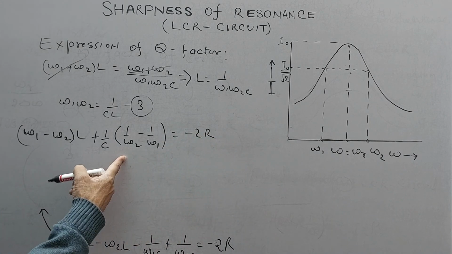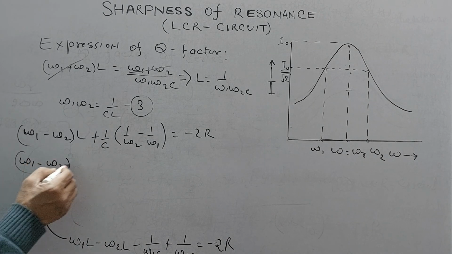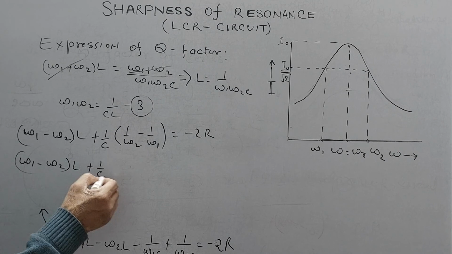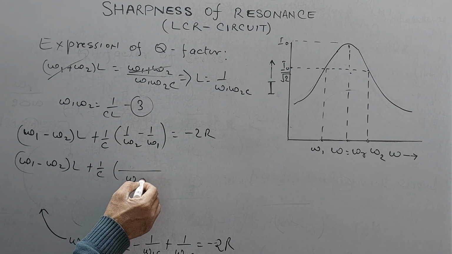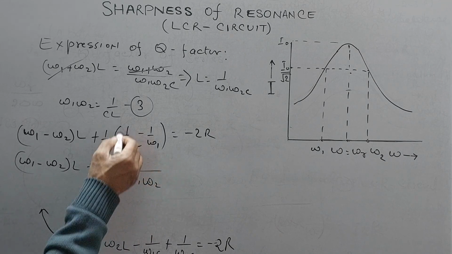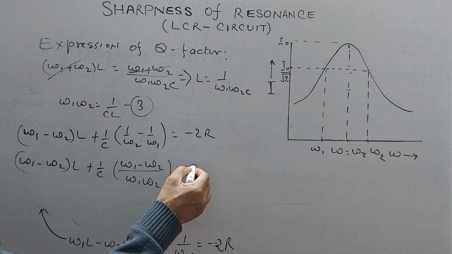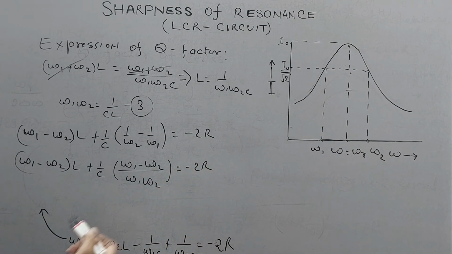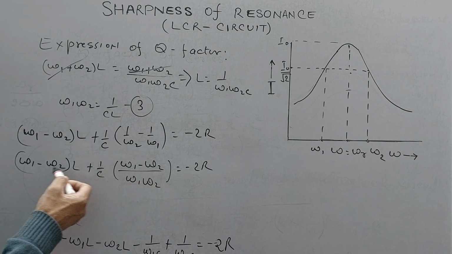Now take the LCM here. This is omega 1 minus omega 2 times L plus 1 by C. Take the LCM, which is omega 1 omega 2: omega 1 goes this side, minus omega 2, is equal to minus 2R. Look at this value here, omega 1 omega 2 are common between them.